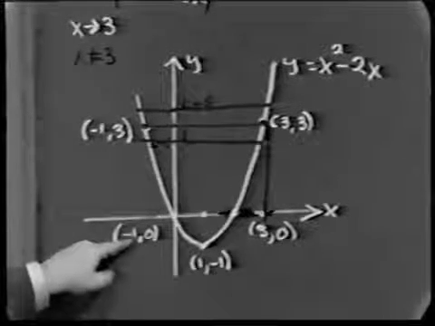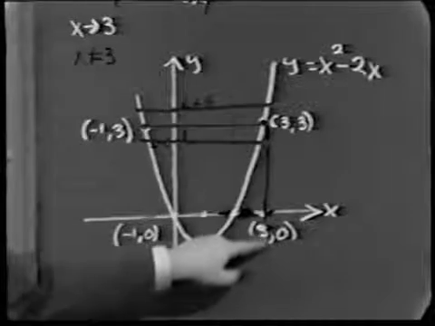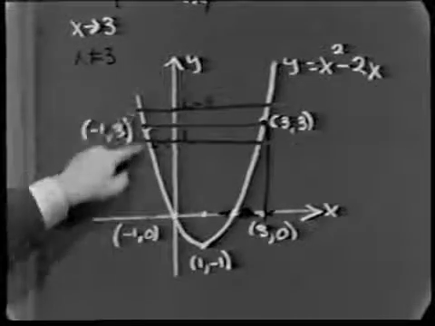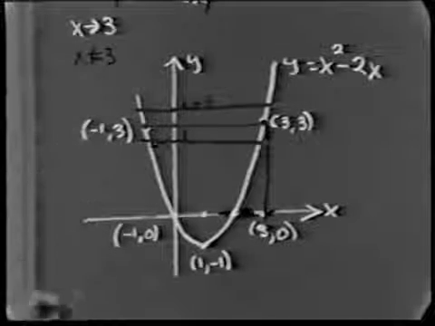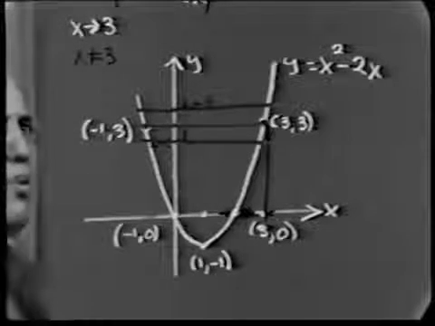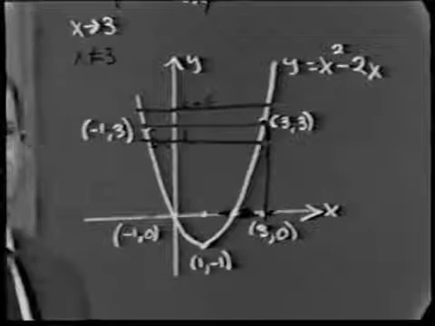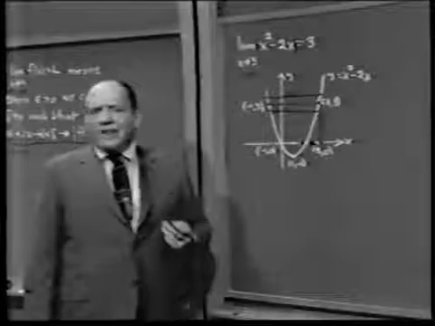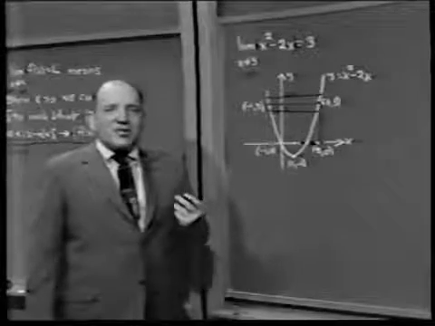In other words, both when x is minus 1 and x is 3, x squared minus 2x will equal 3. See? At any rate, leaving the diagram as an aid, let's see what our epsilon delta definition says and how we handle this stuff algebraically and how we correlate the algebra with the geometry.